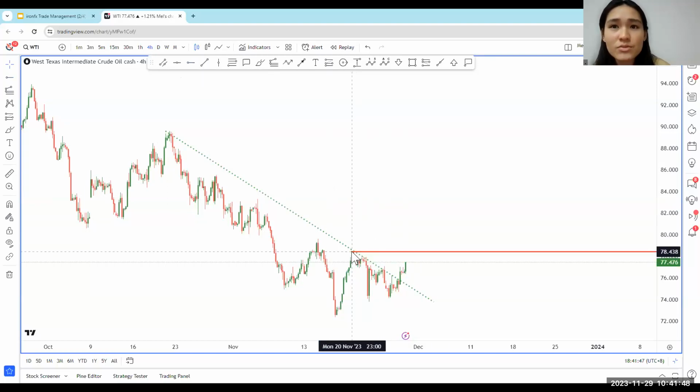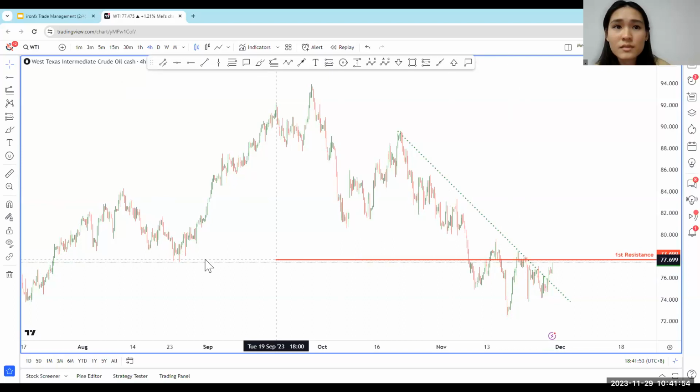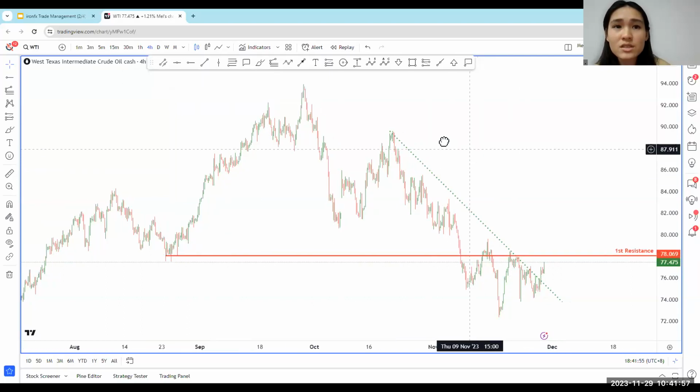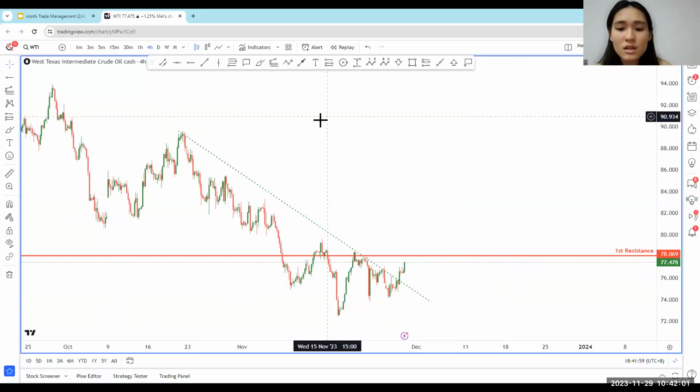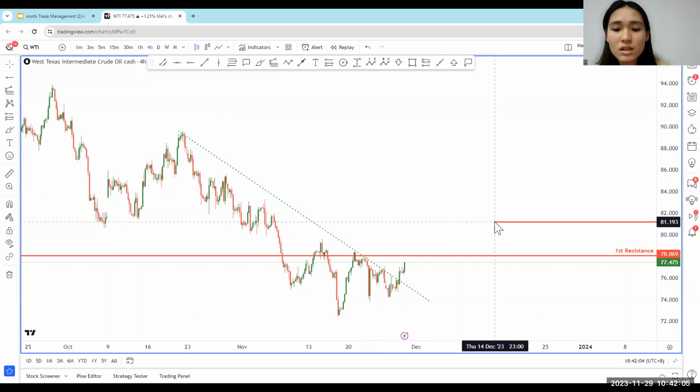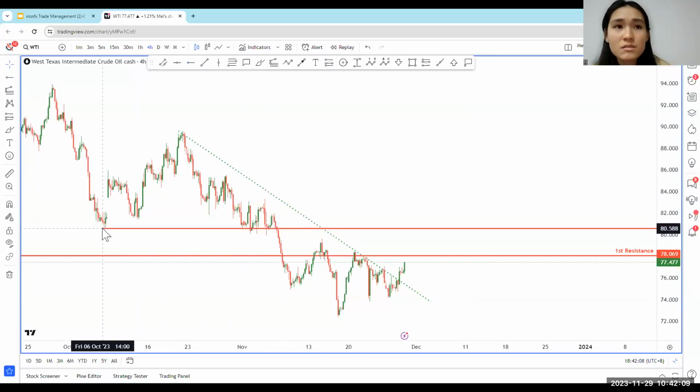Firstly here we have our first resistance. I can pull back my first resistance. Next I have a second resistance, which is just here. Can pull it back.